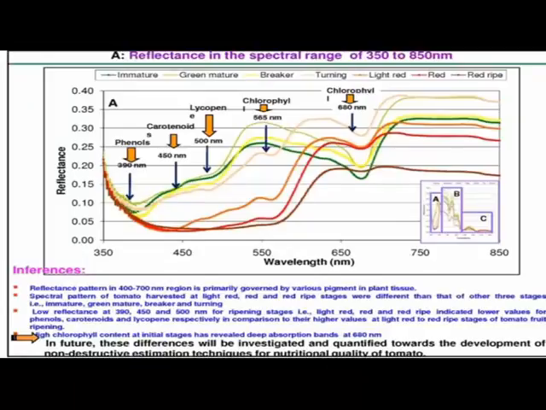So these are some of the sensitive bands which are governed by all these pigments. So if you have the spectra, from there you can know these pigments, and from there you can know what stage the fruit is at, how the pigment transformation takes place from one stage to another, from immature to green mature to breaker to turning, or light red to red.